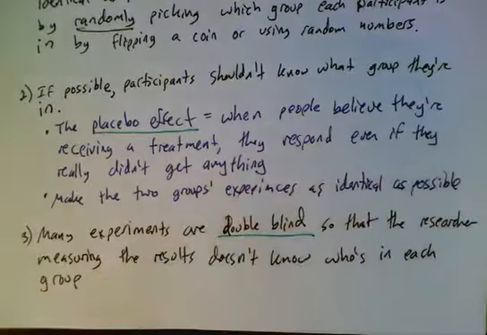And the point of this is for things that are subjective, like how healthy someone is, or how happy someone seems. If the researchers know that they're talking to someone who's in the treatment group versus the control group, then they may bias their own measurements, their own evaluation of the person.